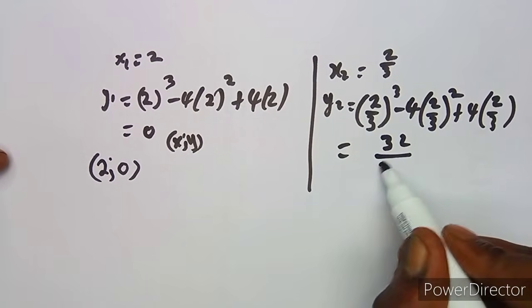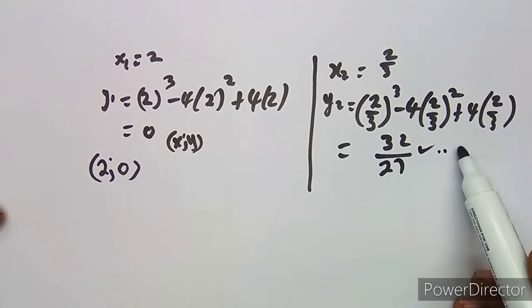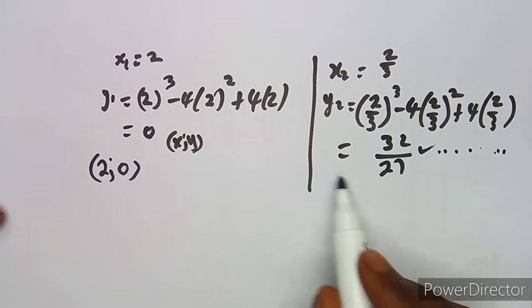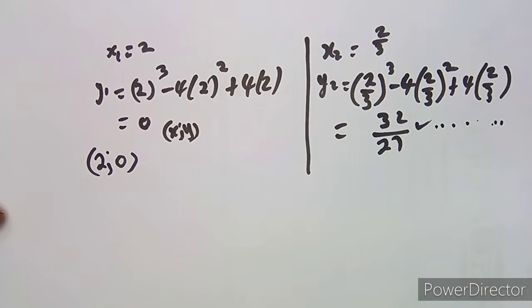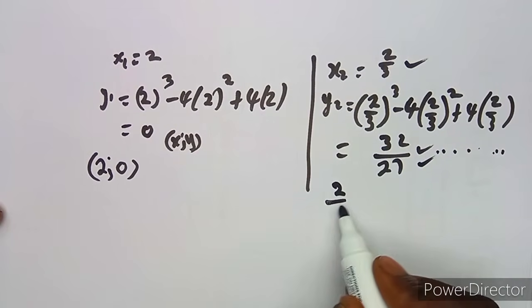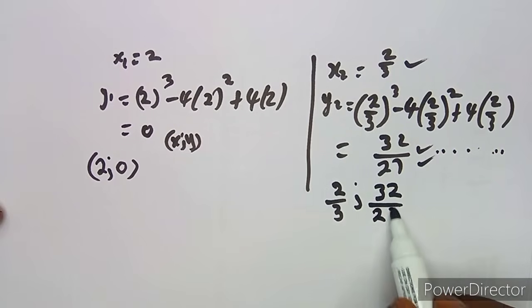So this is what you obtain as your y2. The most important part is writing this as a point: 2 over 3 is the value of x, and the value of y, so it's (2/3, 32/27).